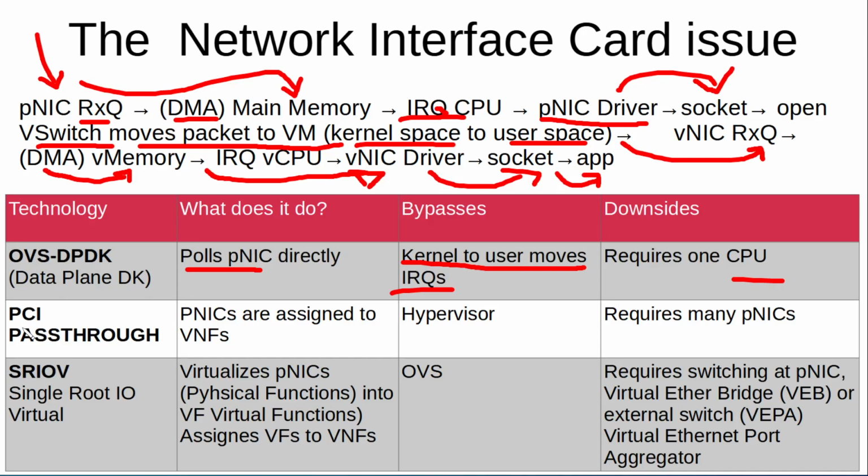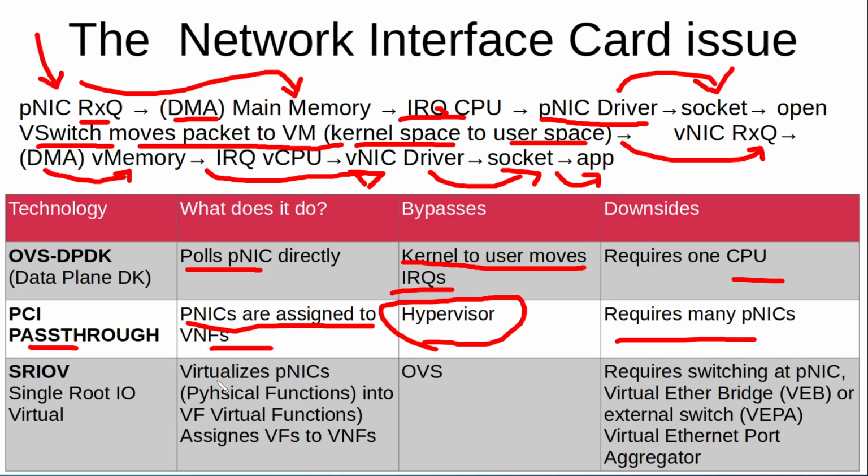You can also use PCI Passthrough, where the actual physical NICs are assigned to the virtual machines. This will require many physical network interface cards, and this will bypass the hypervisor altogether. Or you can use the Single Root I/O Virtualization.